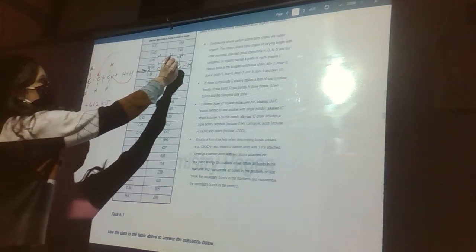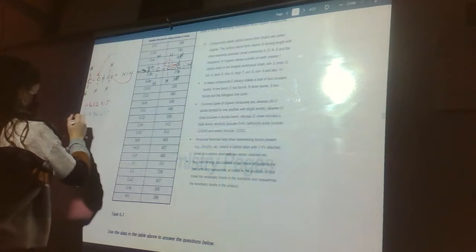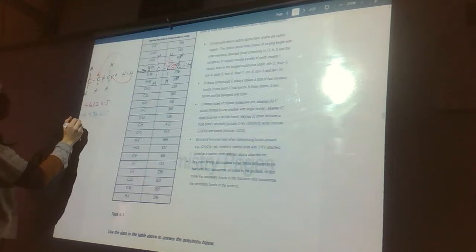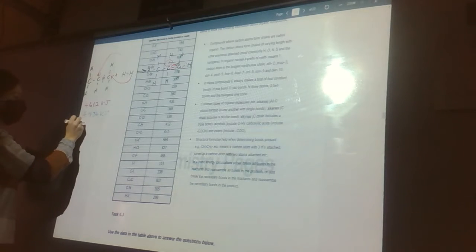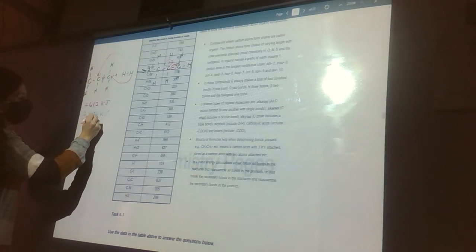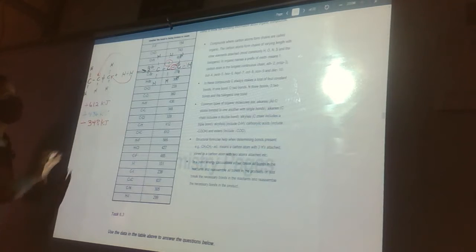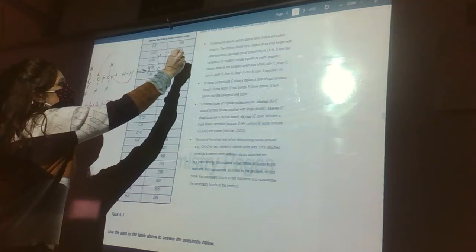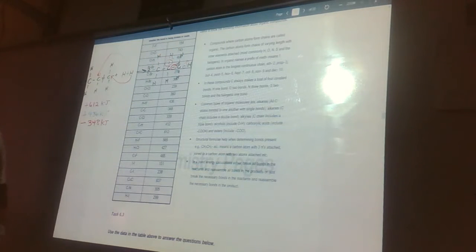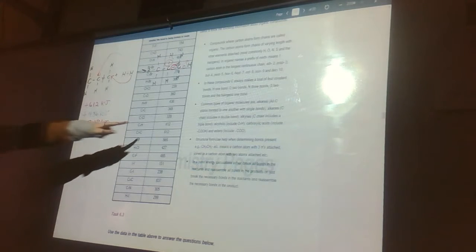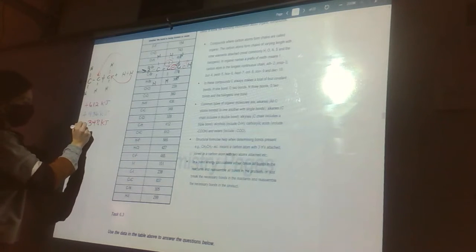So a CC single bond, we're going to call that number 1, is negative 348, energy released. And then these are the same, two of them. A CH single bond is 412.